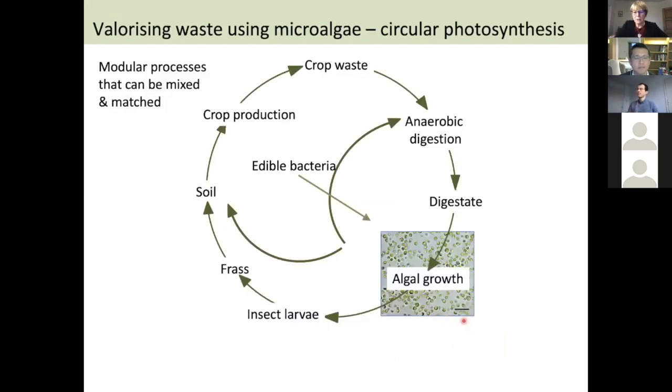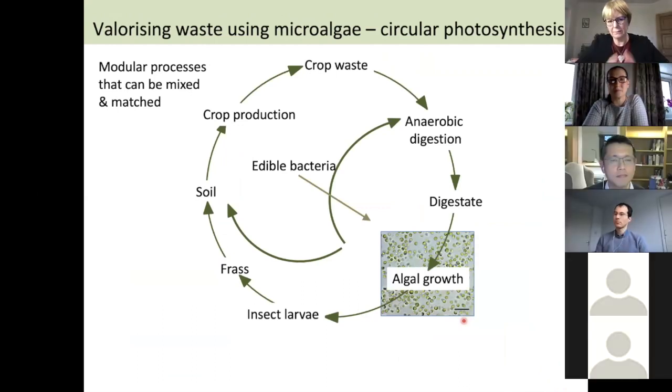So this is a sort of summary of the sort of things that we're thinking about that we might be able to do here. So as I showed you, we have crop waste, which can go for anaerobic digestion, to make digestate, allow algae to grow, and then we can support the insect larvae. And we have products that come out in all of these positions.